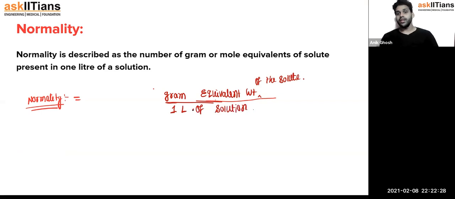So the thing is: the gram equivalent weight of the solute present in 1 liter of solution, that is what is called normality. Okay, stay there. Now, first, what is gram equivalent weight? You need to understand that, right? What is a gram equivalent weight?